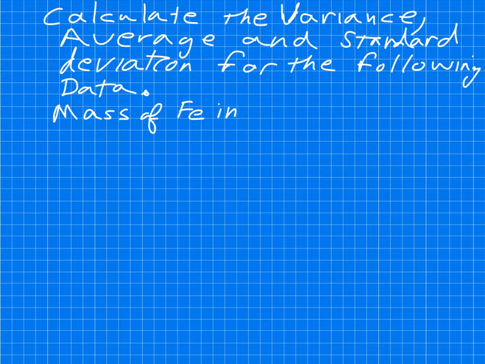And Fe is the elemental symbol for iron, so I'm asking you to average and find the standard deviation for the mass of iron in an unknown rock.